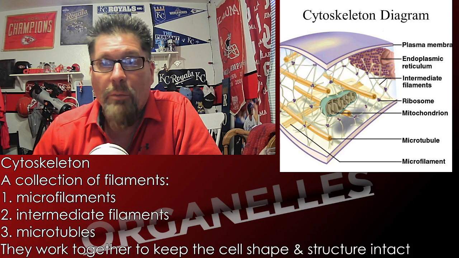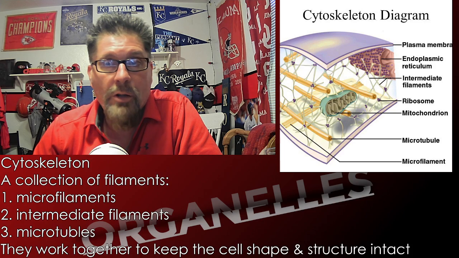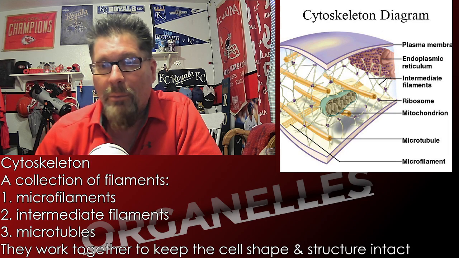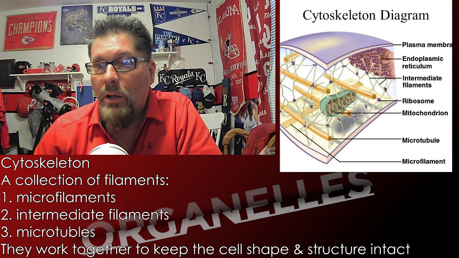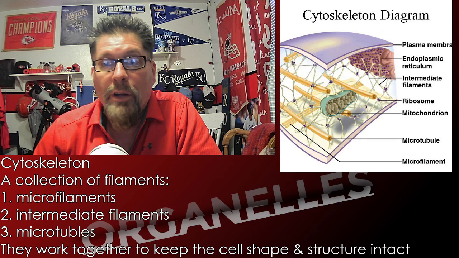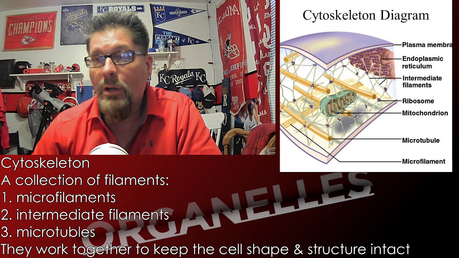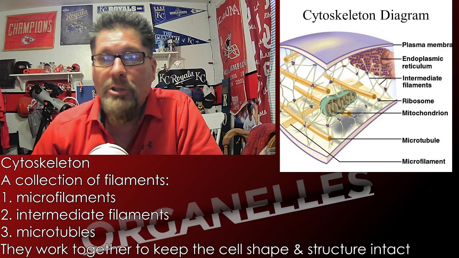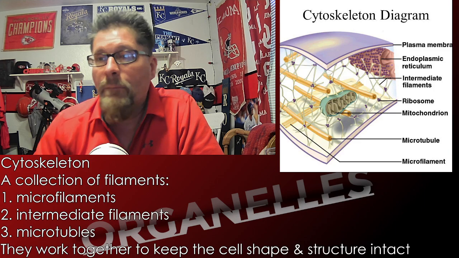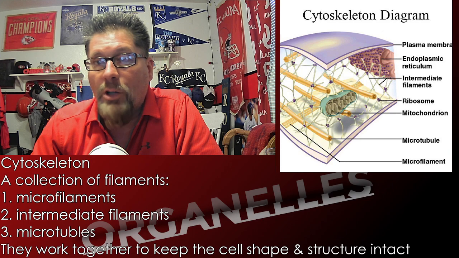The intermediate filament is size-wise in between the two, so that's why it gets its intermediate title. But they work together to keep the cell shape and structure intact, and we're going to look at those ways. Looking at that picture beside me, you can see the various structures.